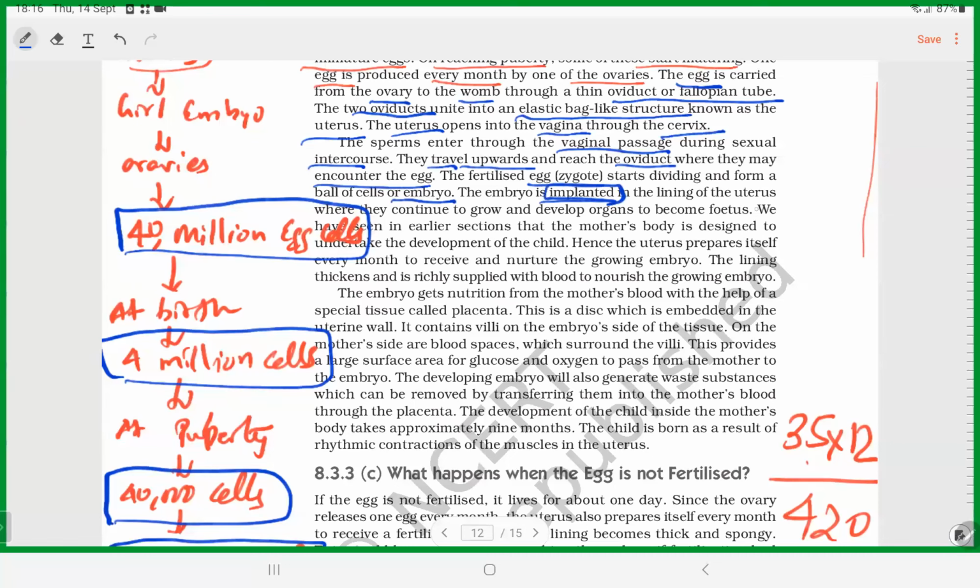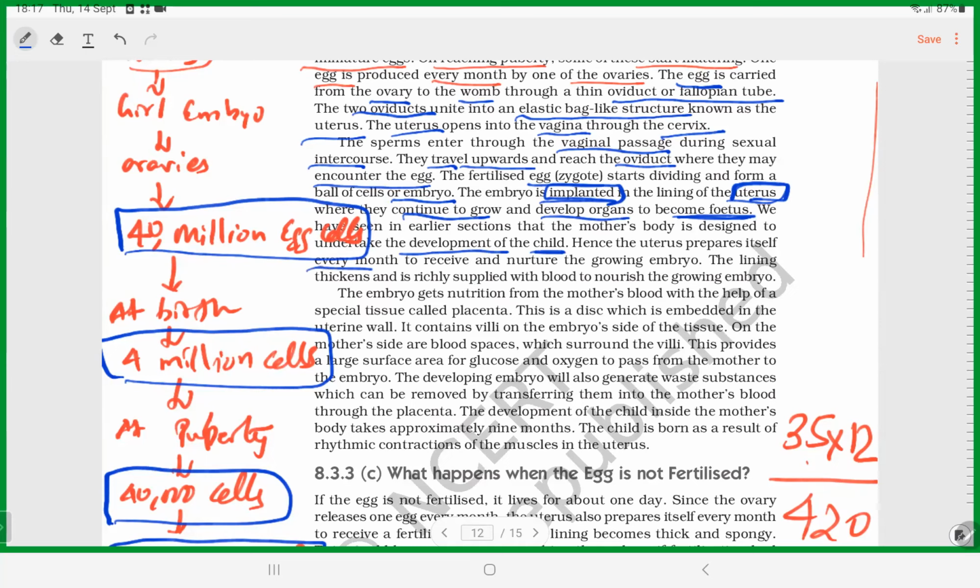Attachment of the embryo to the uterus. Then growth continues, organs develop, and then it is a fetus. Before birth, the baby is called a fetus. Finally, after development, it is born as a child. Can you understand? Yes, sir.